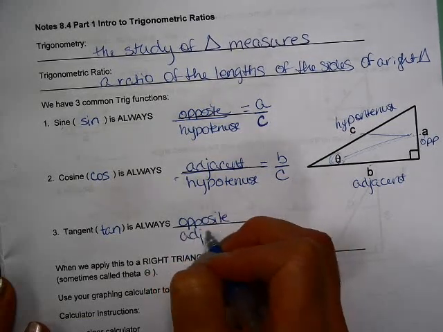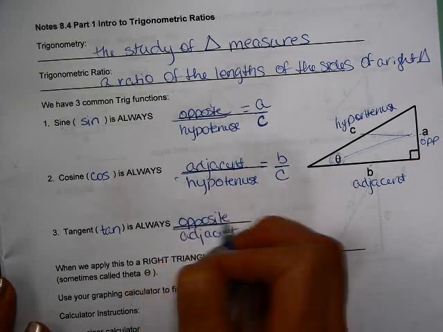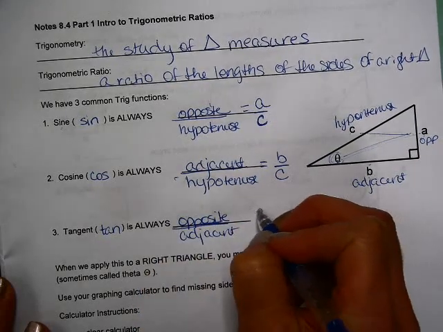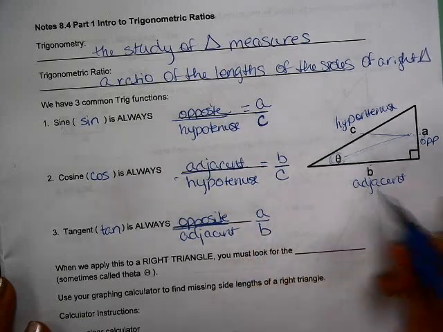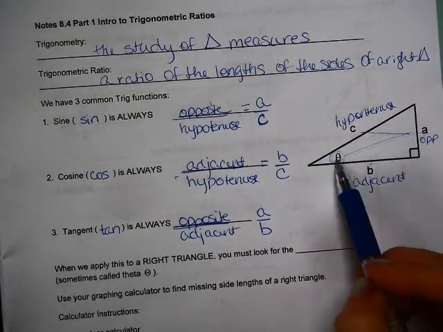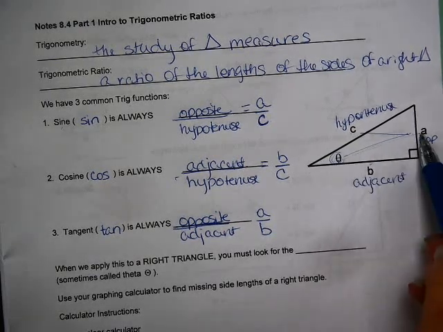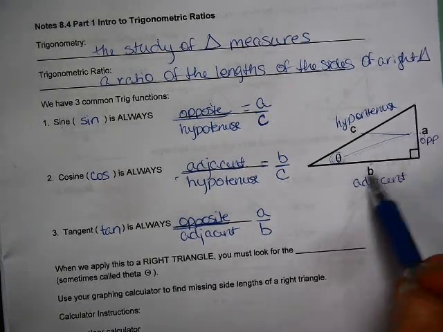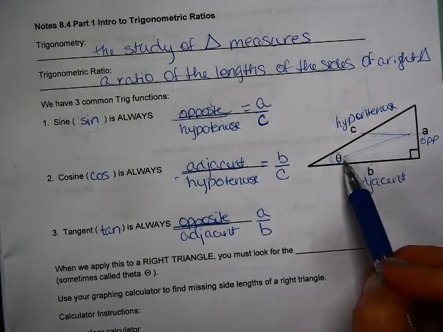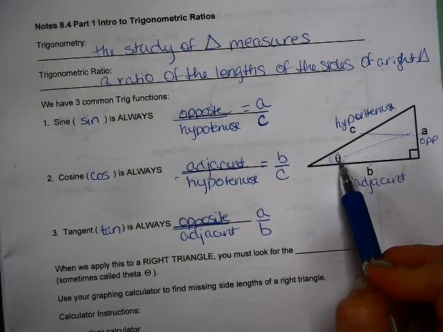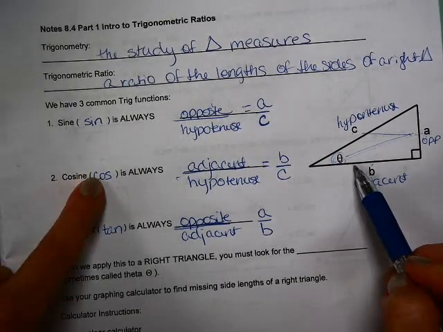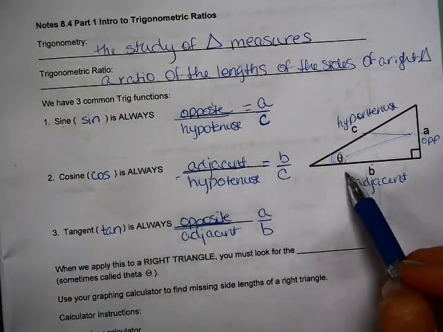So A over B. And if this angle was 32 degrees, the tangent ratio of these two side lengths would be the same ratio of any 32-degree angle in any right triangle.